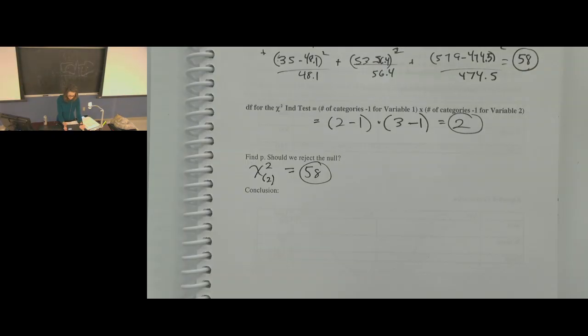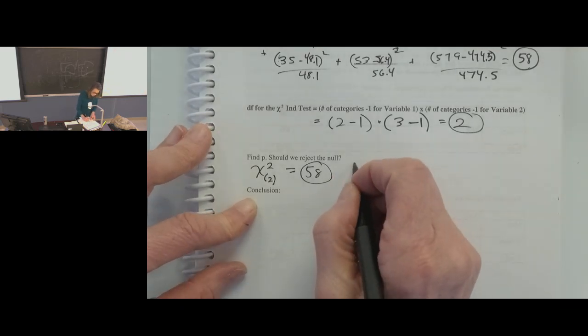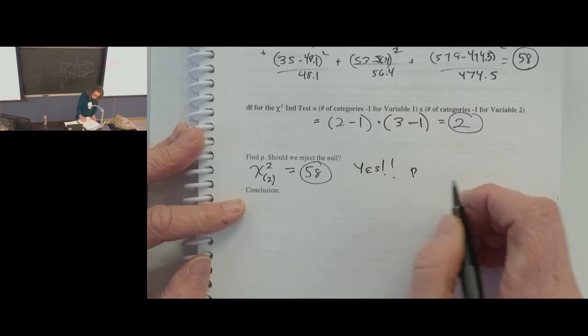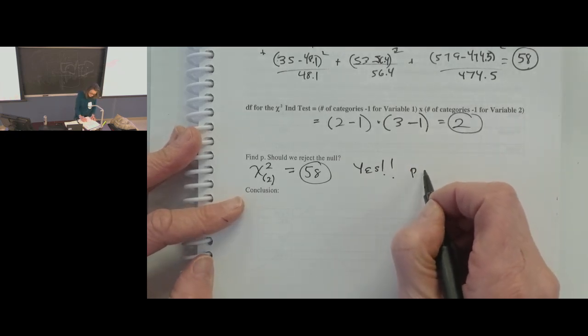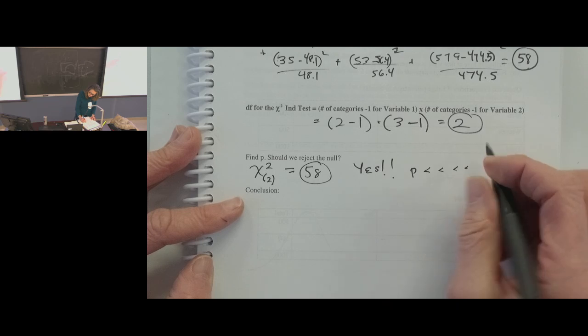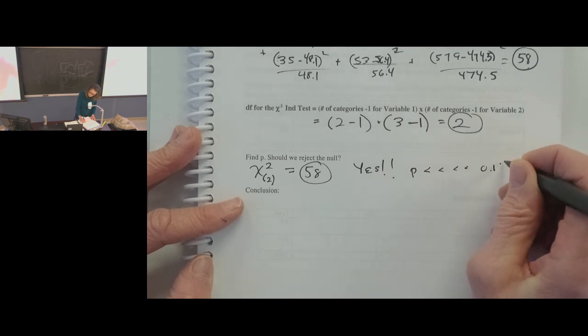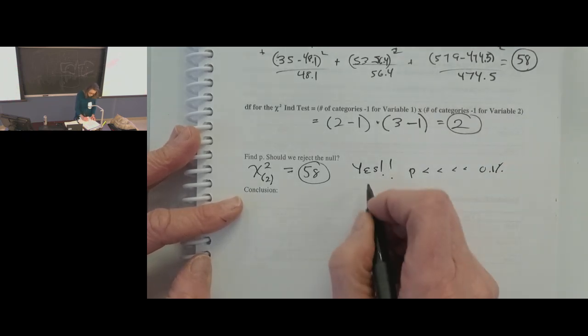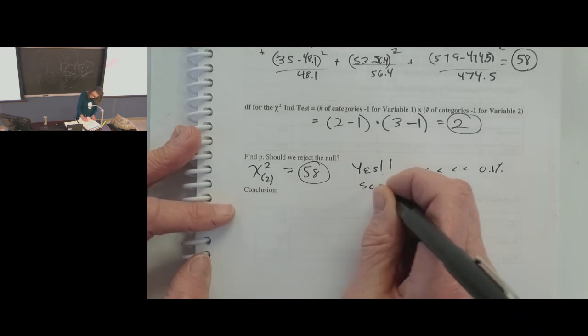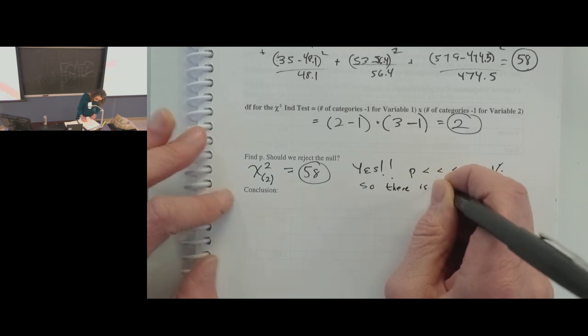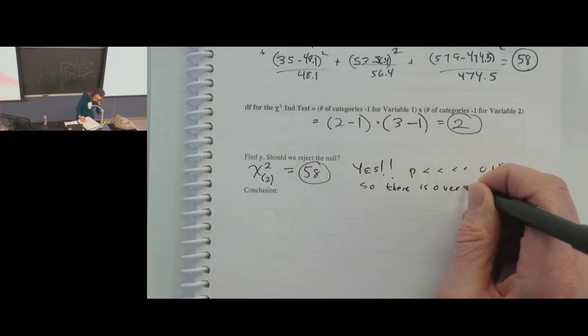Now we know, should we reject the null? Yes. The p is so small, much, much less than 0.1%. So there's overwhelming evidence to reject the null.